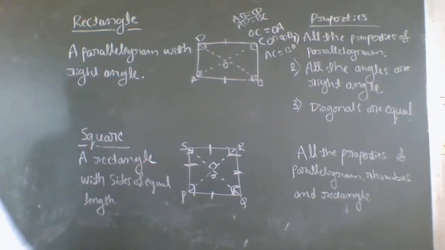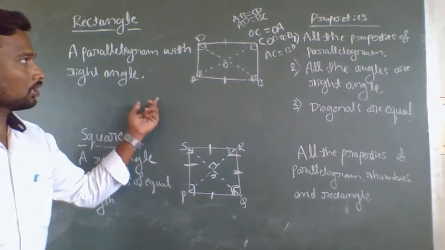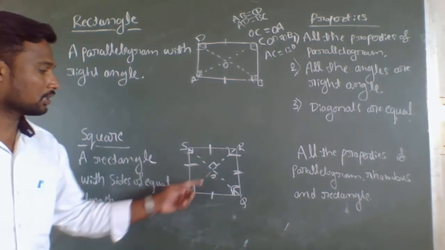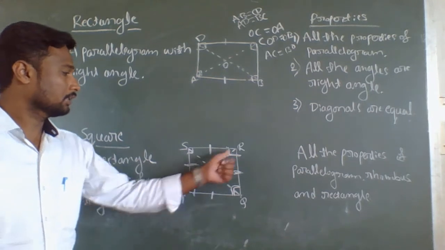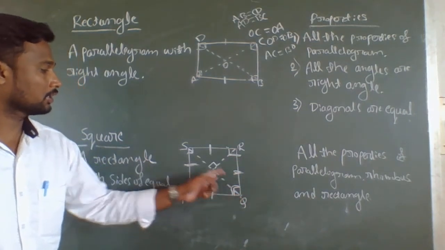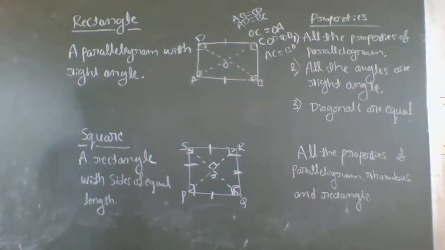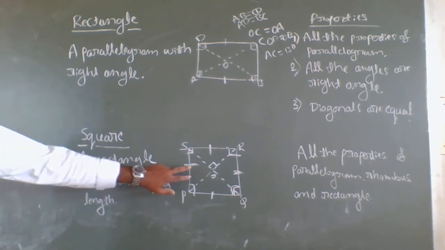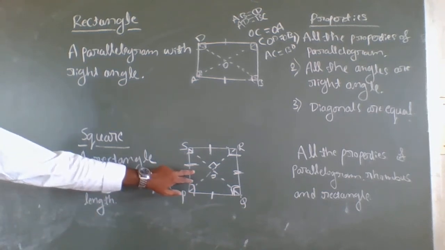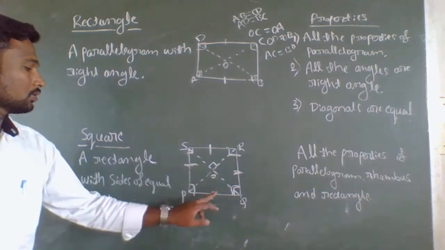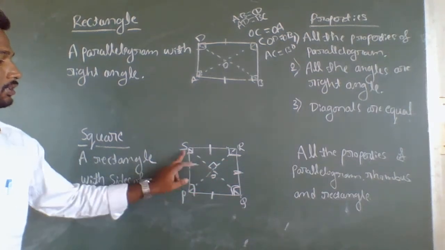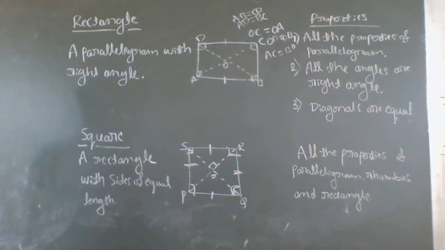This is the only difference. And like a parallelogram, here opposite angles are equal to each other. Here this is 90 degrees, this is also 90, and this is also 90. And diagonals bisect one another. So here OR is equal to OP, and like that OS is equal to OQ.